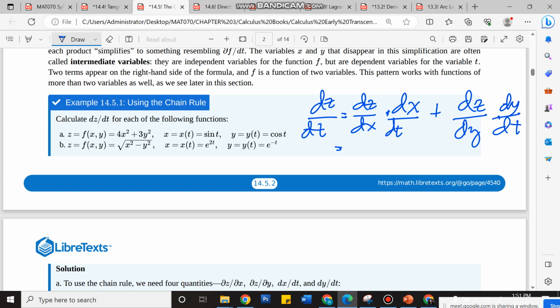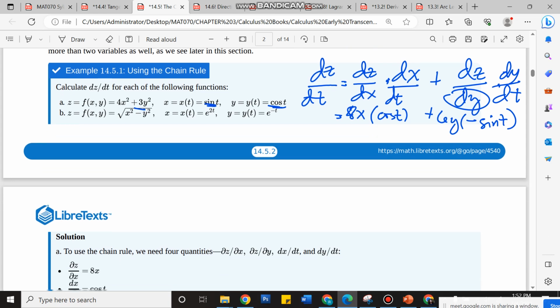Derivative of z with respect to x is 8x times dx/dt, which is cosine t. With respect to y, this is 6y times negative sine t. Na-follow? Unsaon paggamit si chain rule in parameter?